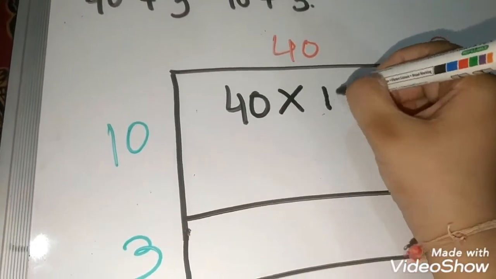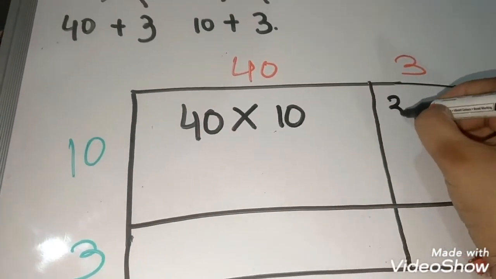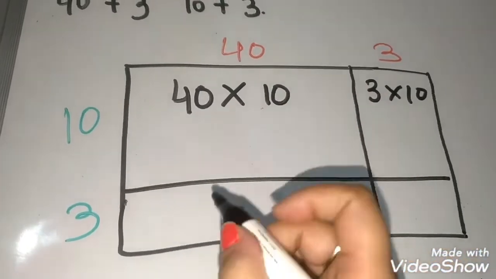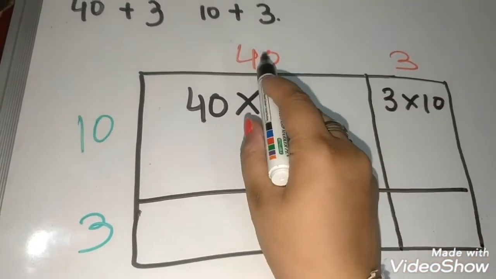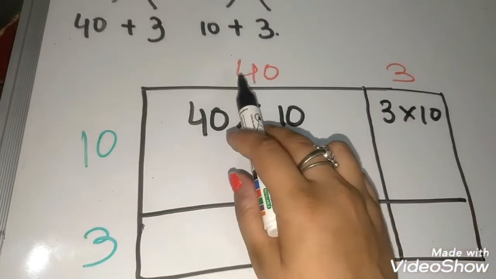40 times 10. 3 times 10. 40 times 3 and 3 times 3.